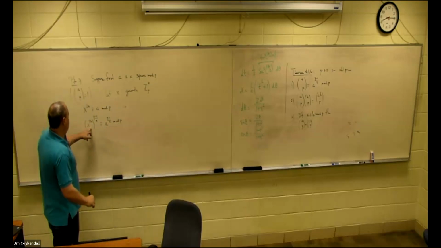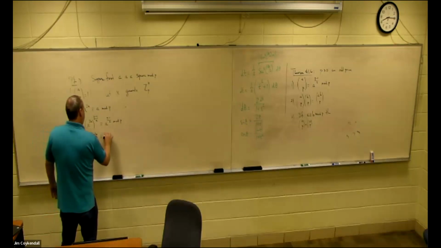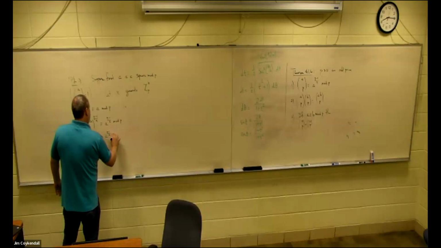But then, on the other hand, this is x to the p minus 1, n, mod p.